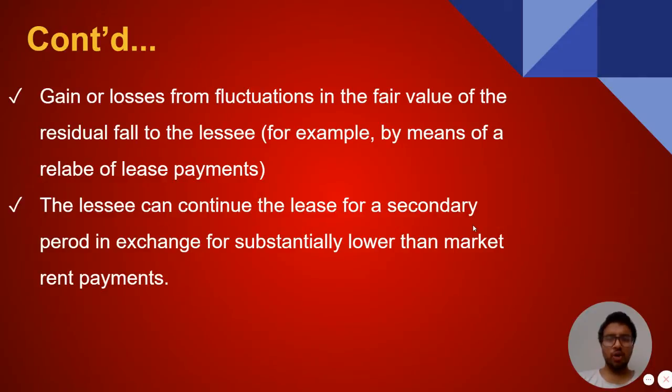Your seventh point will be if there are any gains or losses, and the risk is with the lessee for the residual value guarantee. Okay, that's your seventh, and then the eighth is if the lessee can use the asset for a lower market price in the secondary period.